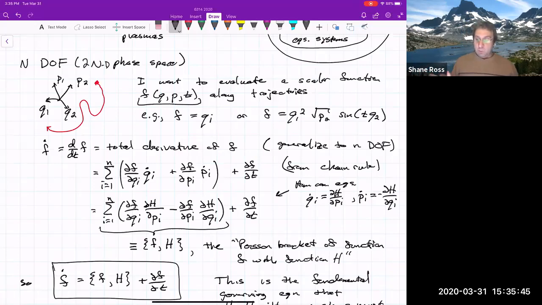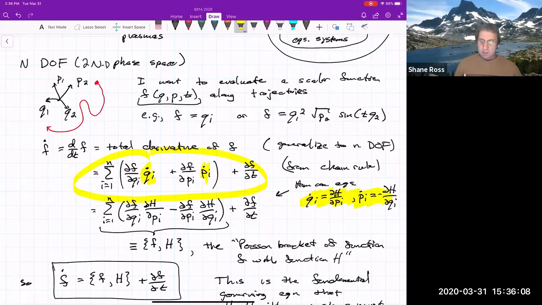So we first write the total derivative, f dot, along trajectories. And then we're just writing the chain rule in this first step here. Then we collect and write what qi dot and pi dot are from Hamilton's canonical equations, and we just substitute in.